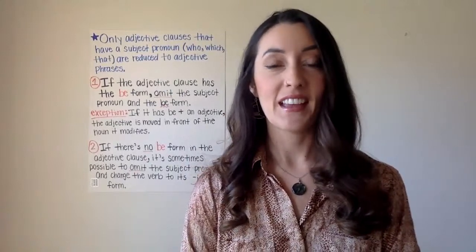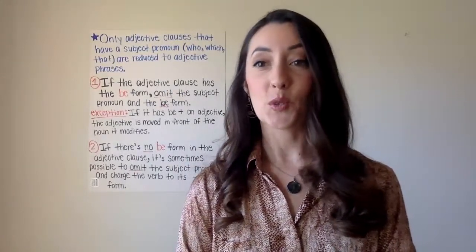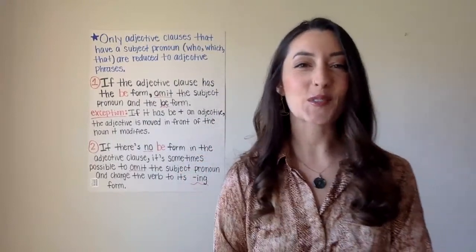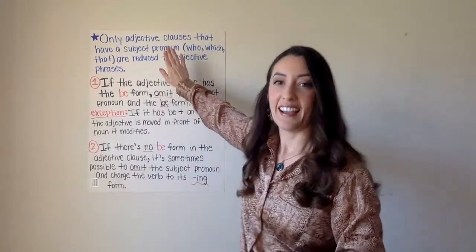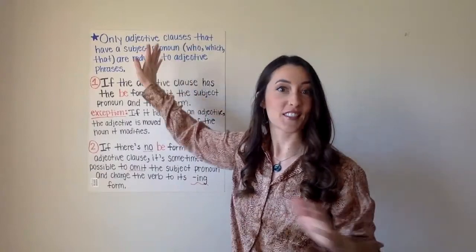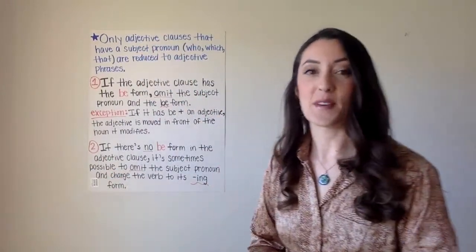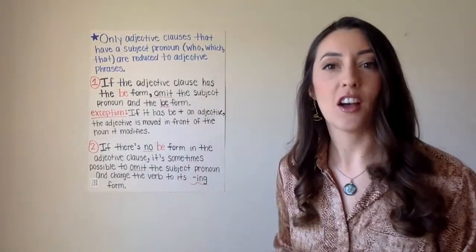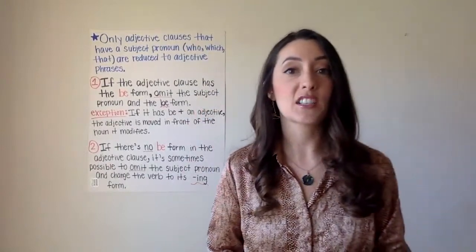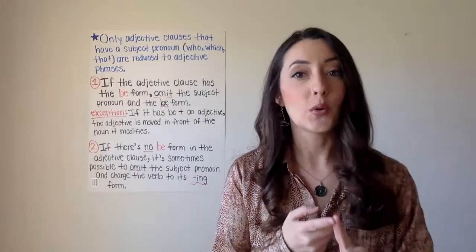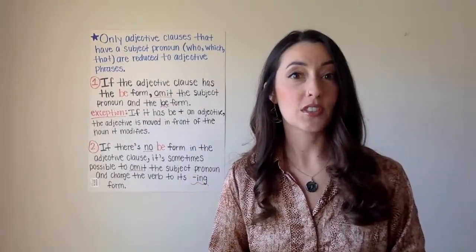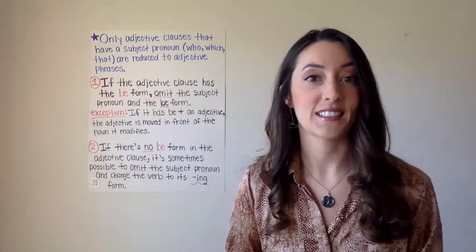Okay? So the first rule, great, I see some thumbs up, thank you. The first rule you need to know, I have up here for you, okay? So if you need to screenshot this, read it, write it down, take notes. Only adjective clauses that have a subject pronoun, who, which, or that, can be reduced to an adjective phrase, okay?